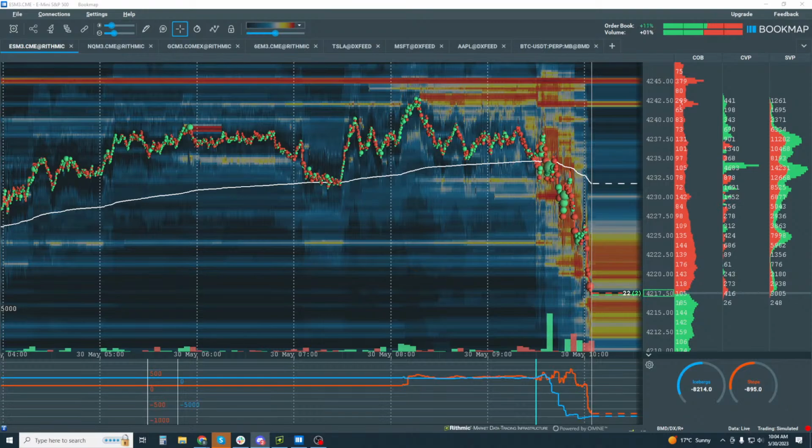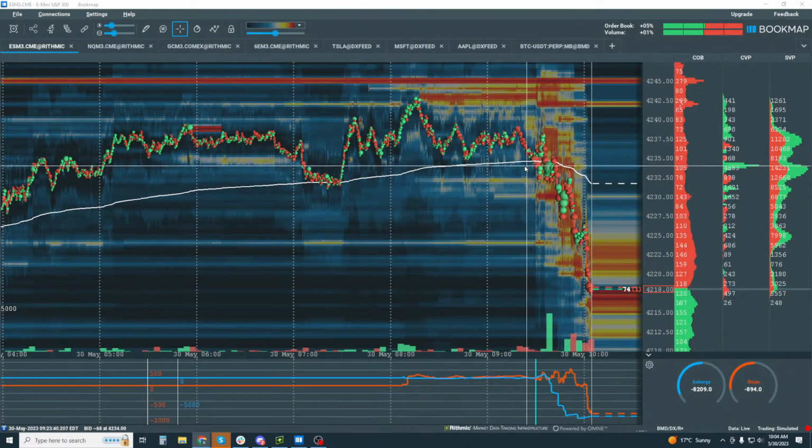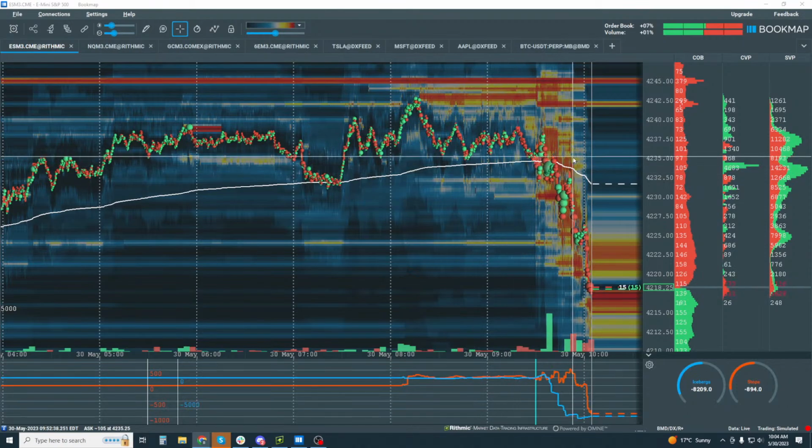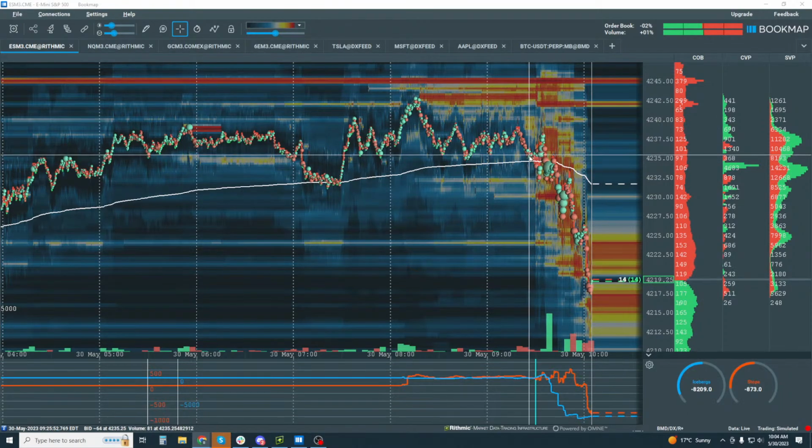Okay, I'm good. All right, well, we can see the S&P here is at the cash open, 9:30, selling off.